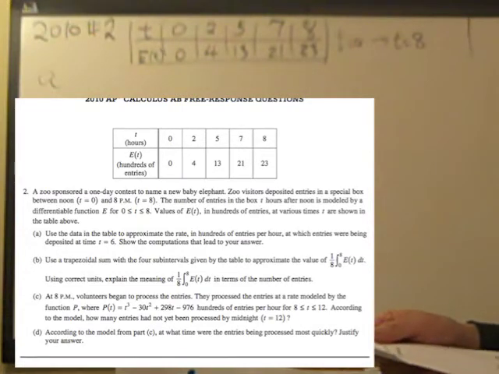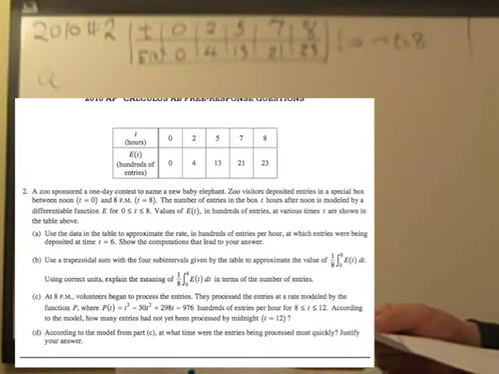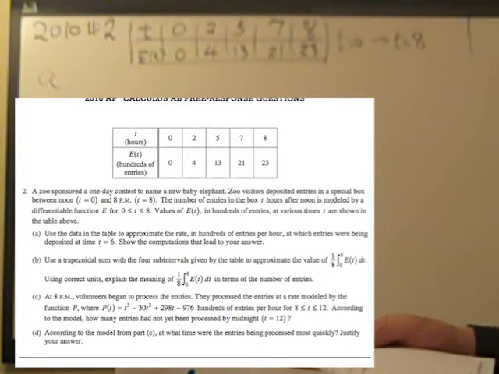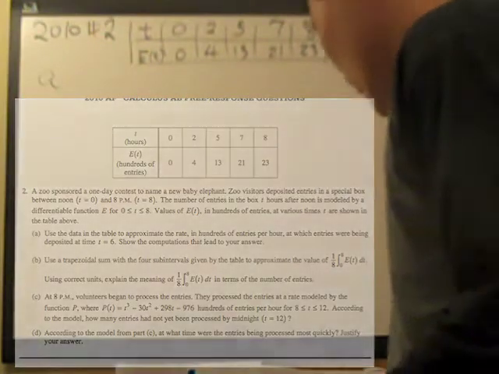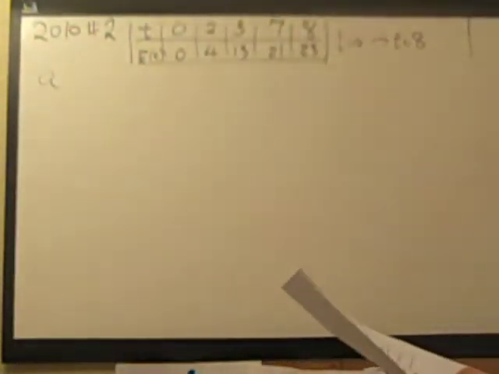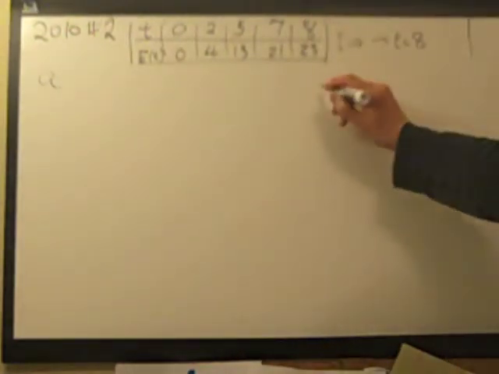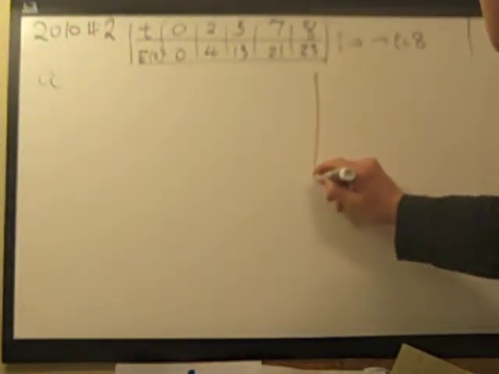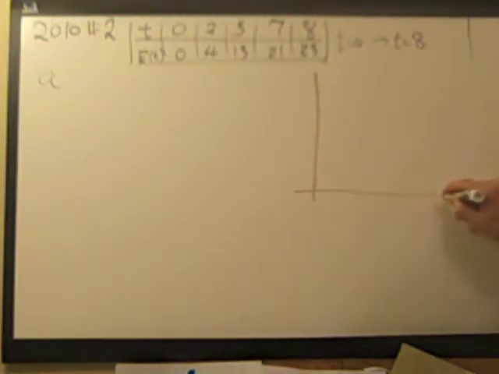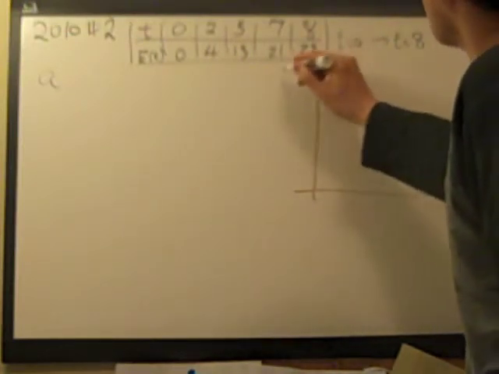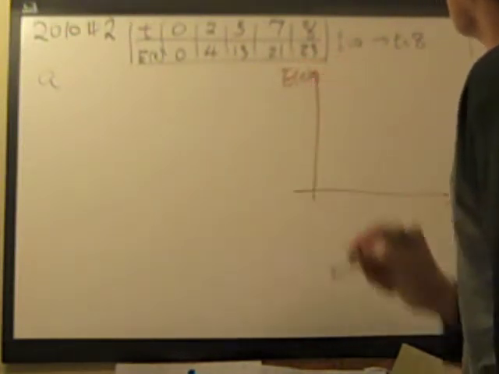Now part A says we want to use the data of this table to approximate the rate at which entries will be deposited at time t equal to 6. I think it's very helpful for us to turn this into some sort of graph, so I'm just going to put it right here. On the bottom here is t, and on top E of t.